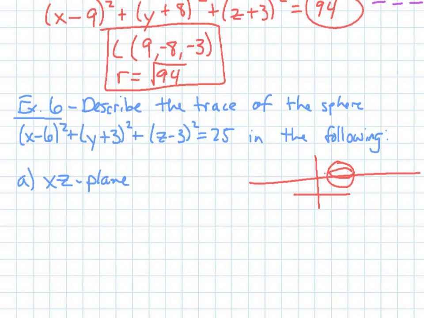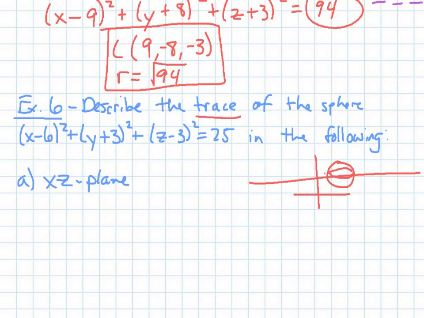That's what they mean by the word trace. They're saying take your sphere and look at a cross section of it, and figure out what the equation would be for the circle.